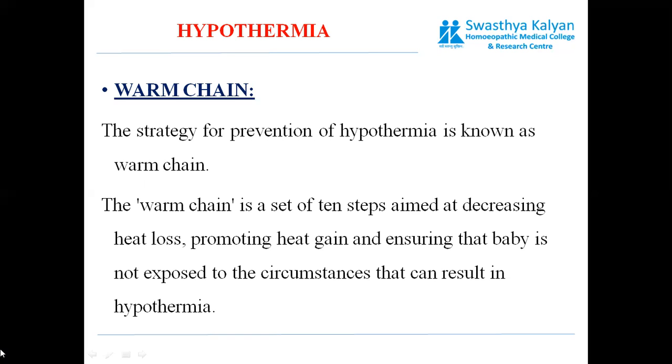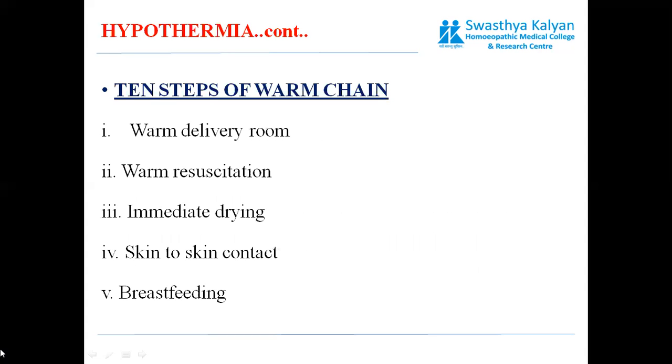Those circumstances could be exposure of the infant to a cold environment or low ambient temperature, exposure to cold surface, cold air, or when the baby is not clothed properly. So it is the aim of the warm chain to make sure that the baby is not exposed to any such circumstances which can result in hypothermia.